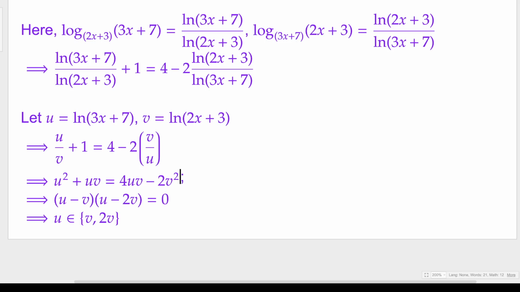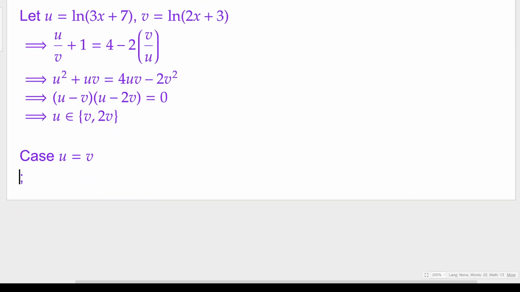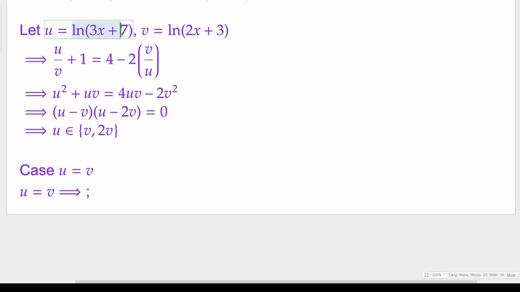Now here the first case, when my u is equal to v. So in that case I will be writing that u is equal to v. This simply implies that natural log of 3x plus 7 is equal to natural log of 2x plus 3.